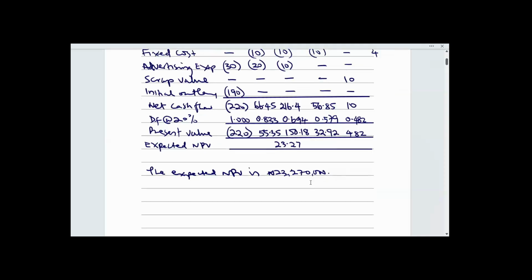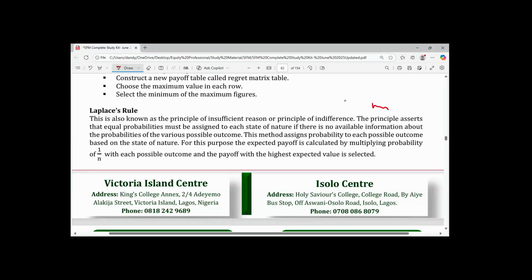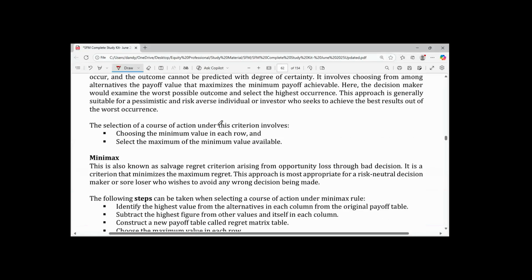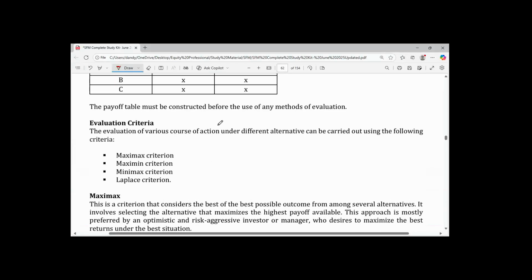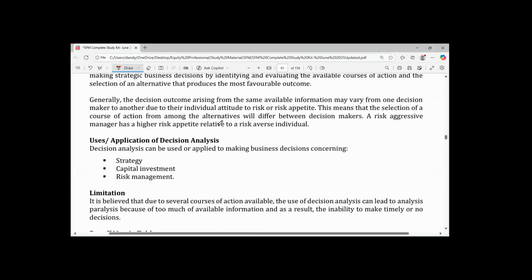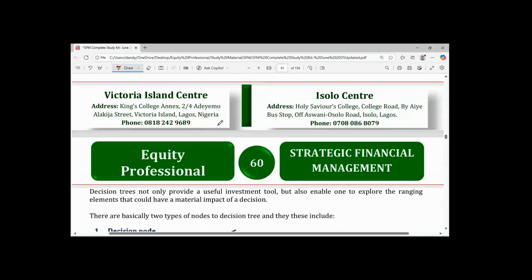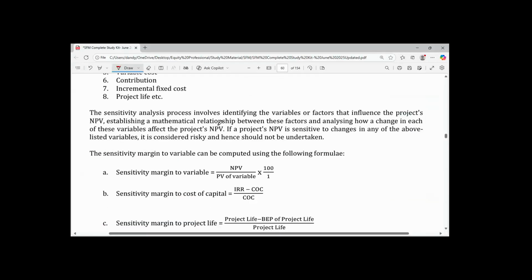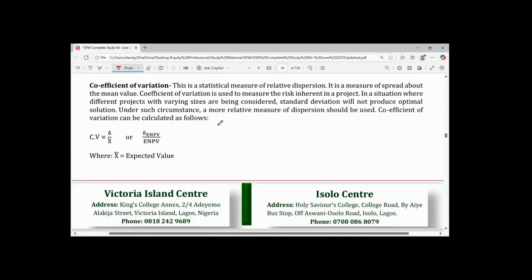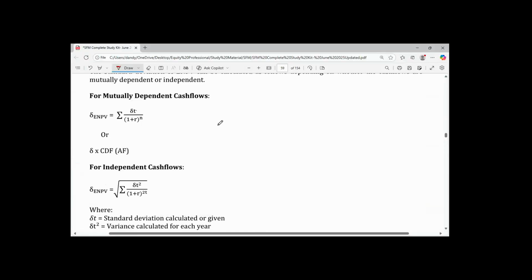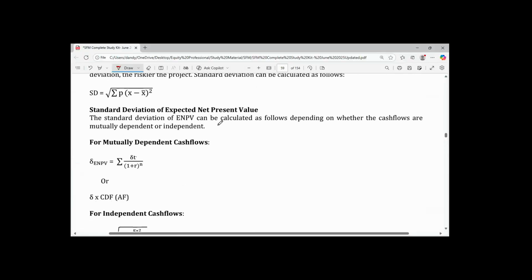Okay. So let's move on to standard deviation. Let me know if you have any question on this before we switch. So let's talk about standard deviation. What do you mean by standard deviation? Standard deviation is a statistical measure of absolute dispersion and is a measure of spread about mean value.